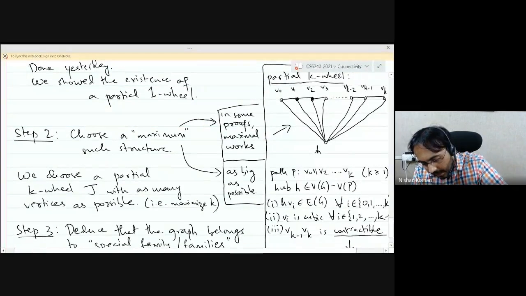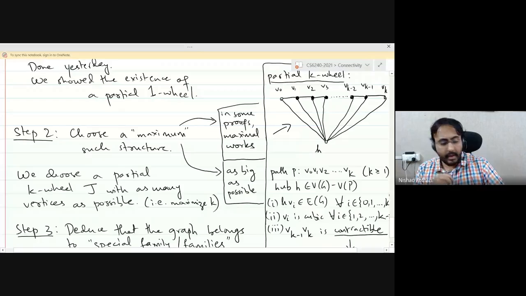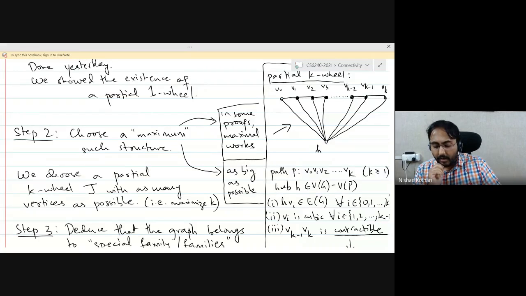So all of these darkened vertices are cubic vertices in the graph, which means all of their neighbors are already in the drawing that you see on the screen. The only vertices that are not necessarily cubic are V0, Vk, and H in this drawing.